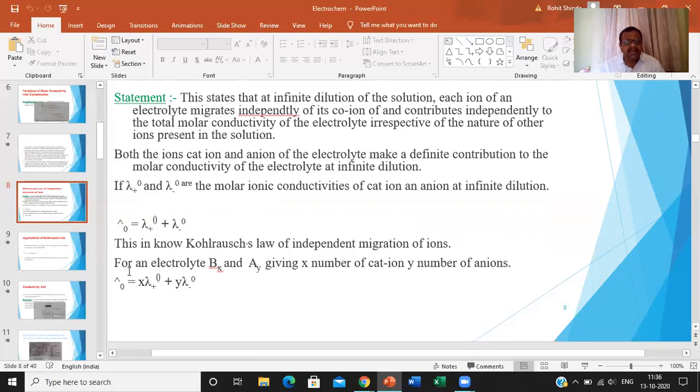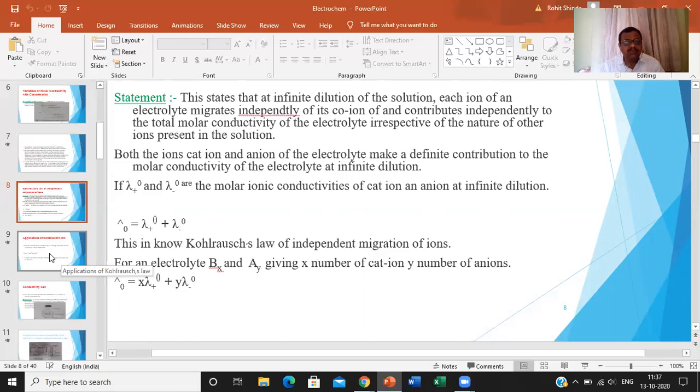This means that both the ions, the cation and the anion, contribute equally to the molar conductivity of the solution. So for example, we have an electrolyte which has Bx and Ay. That is, Bx means X number of cations and Ay means Y number of anions.